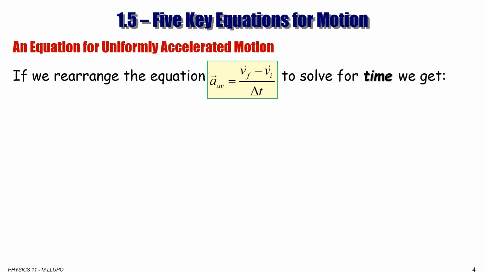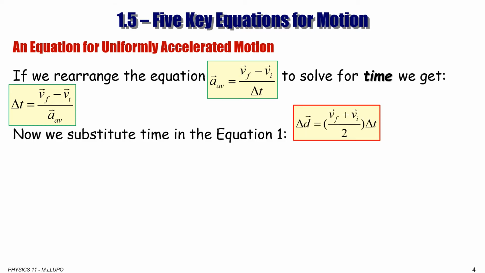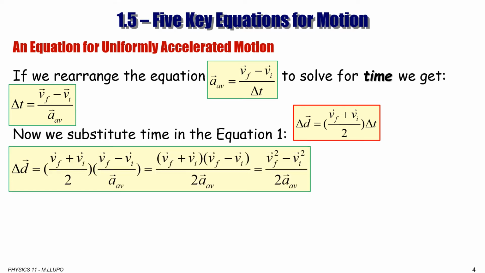In the same way, we can rearrange that equation and solve for time if time is missing. So time is equal to V final minus V initial over A average. Then we can substitute this in equation number 1, V final plus V initial divided by 2 times time, and time is V final minus V initial over A average.